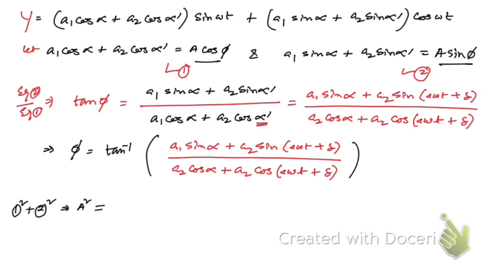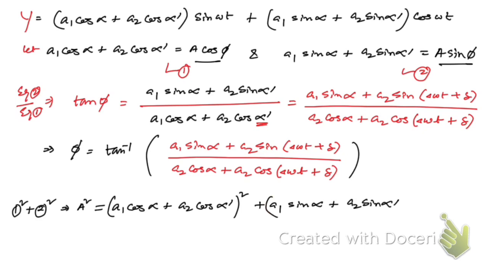On the right hand side, what we're going to have is the square of this: (a1 cos alpha plus a2 cos alpha dash) whole square plus (a1 sine alpha plus a2 sine alpha dash) whole square, right?